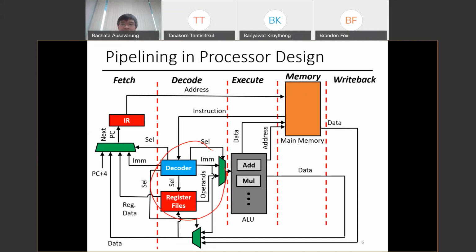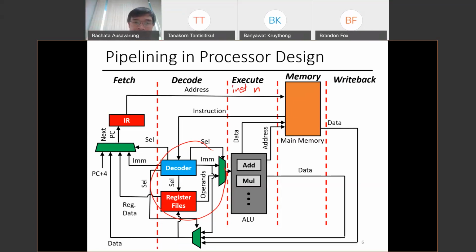Each one of these stages handles a different instruction. So let's say instruction N is in the execute stage. What instruction would be in the memory stage? If I'm executing instruction N in my assembly code, what line would be in the memory stage?